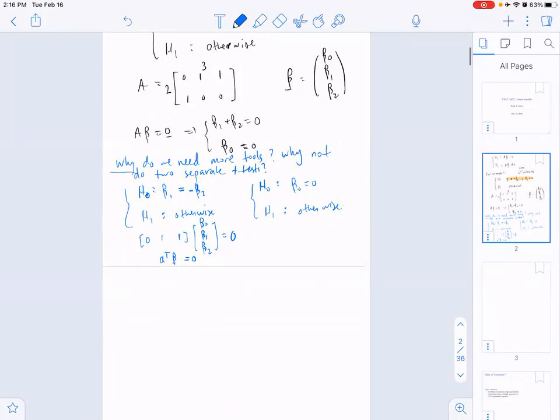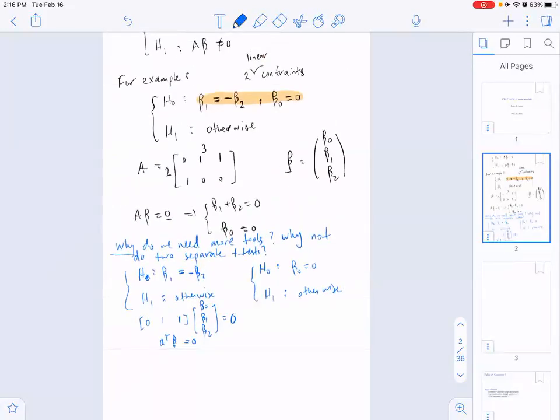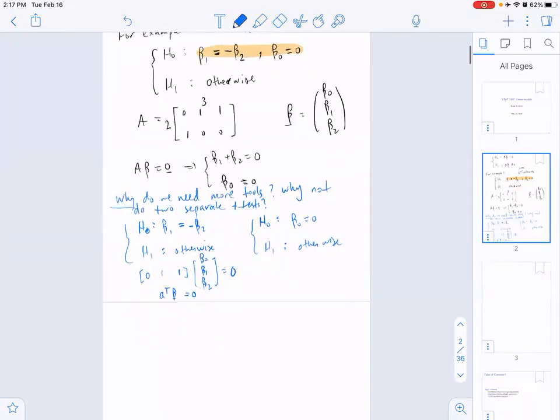So what we're trying to test here is, you can think of it as the intersection of two events. So that holds and this holds. And here you're testing them separately.